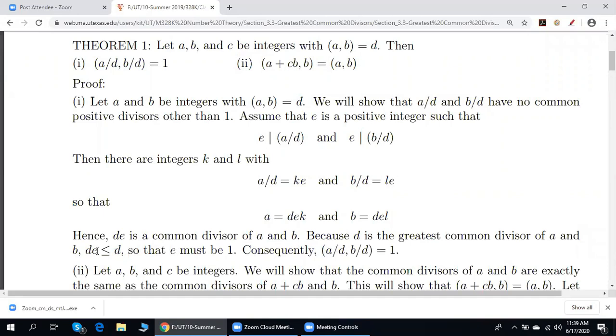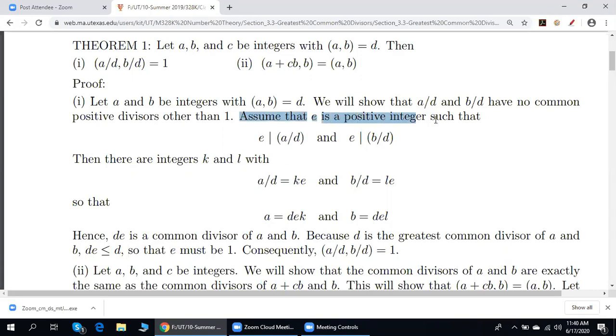And now let us cancel out d. We get the following: e is less than or equal to 1, but e is a positive integer. The only positive integer which is less than or equal to 1 is 1. It's exactly what is written here. e must be 1.